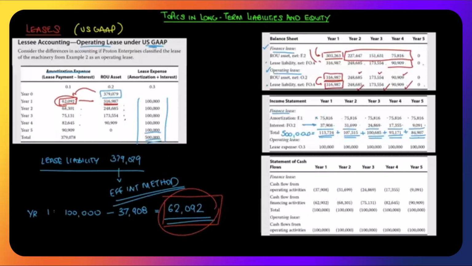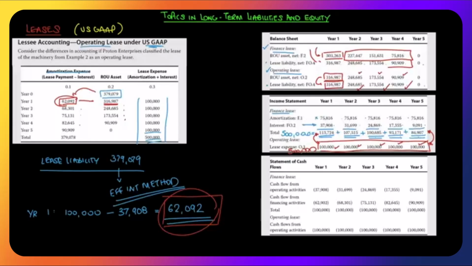Now, onto the operating lease. Same total expense, $500,000, but it goes through in equal amounts, which means early on, it is lower than the total expense under a finance lease. Later on, it is going to be higher.